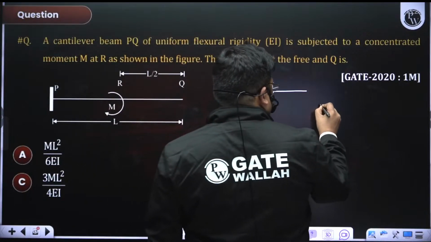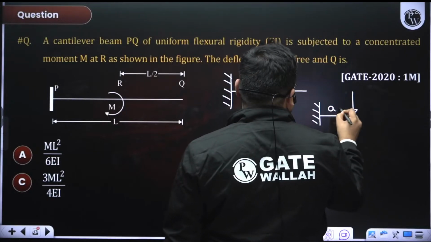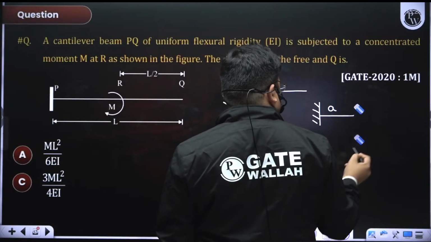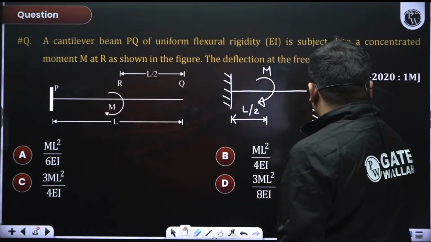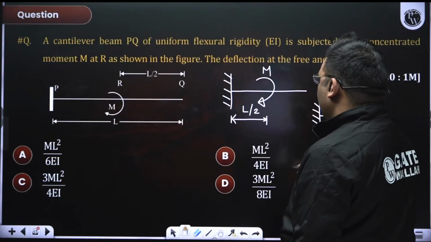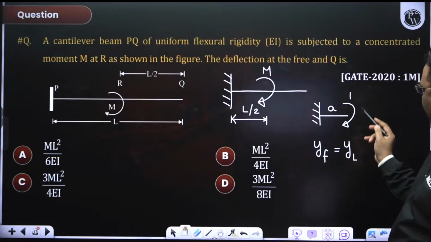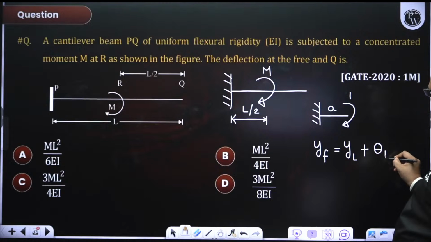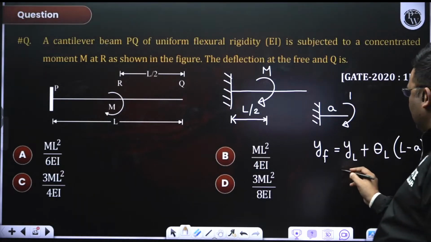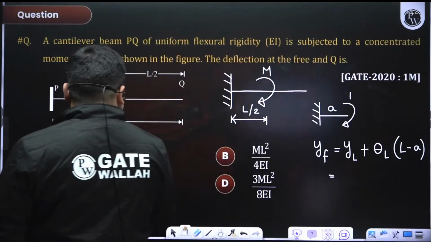What you have to do? You have to apply the load till here, till A distance. Now load means here moment, right? So apply the moment till A distance. So the deflection at the free end will be the deflection below the load, where we will take length equal to A, plus the slope below the load into L minus A. So when I am doing below the load, I will take A. Now what is the normal formula?